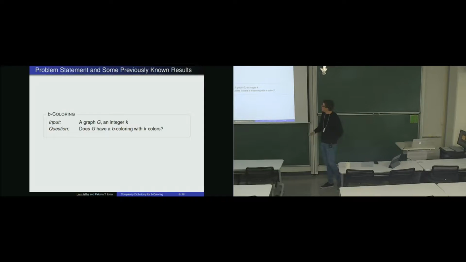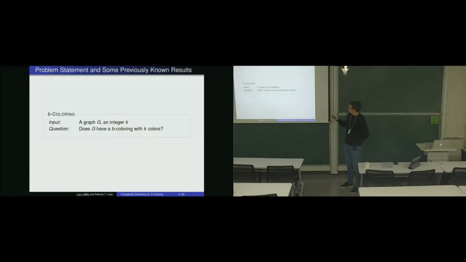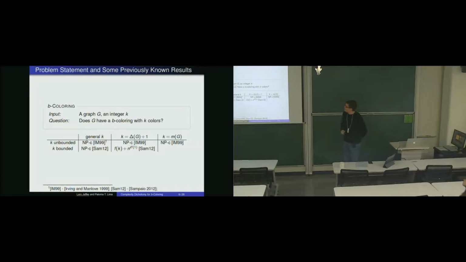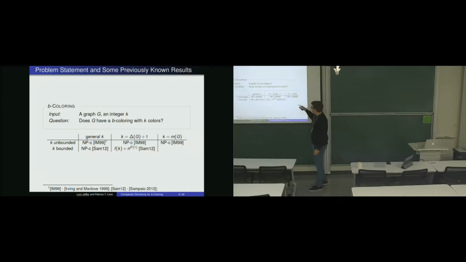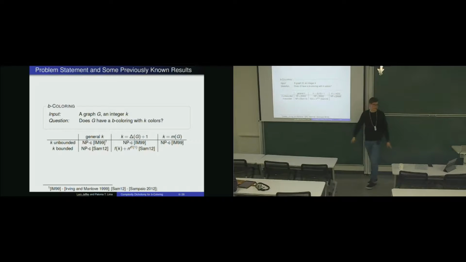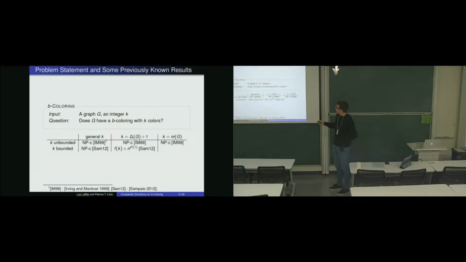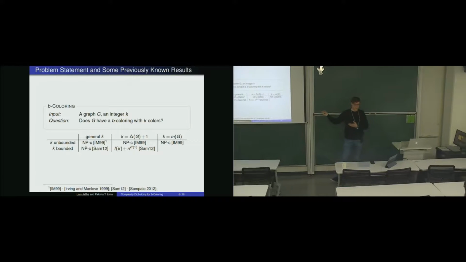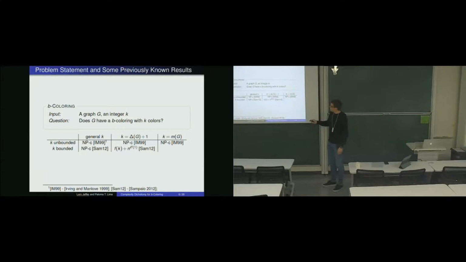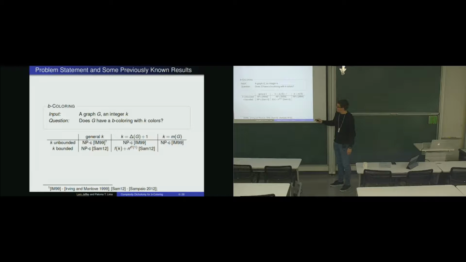Okay, so formally we are considering this problem. We are given a graph G and an integer k, and the question is, does G have a b-coloring with k colors? Now I'm stating some results that are important for the motivation of this work, but there are many others. If we look at any value of k, by general k I mean it's not related to one of these upper bounds, then it's known to be NP-complete when k is unbounded.